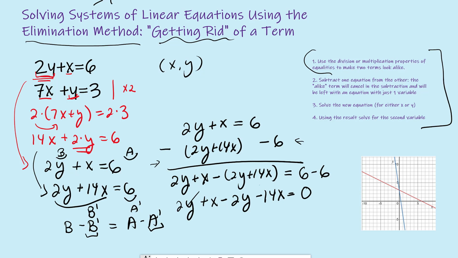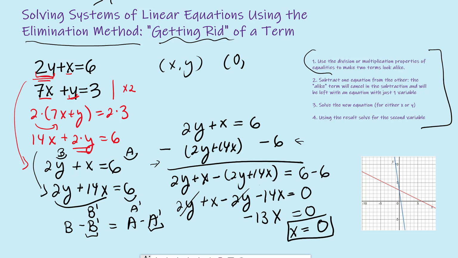But look, our 2y and negative 2y cancel. And so we're left with negative 13x equals 0. What does this mean? If we divide both sides by 13, we get x equals 0 divided by 13, which is just 0. So our x is 0. Okay? That is our solution for x.